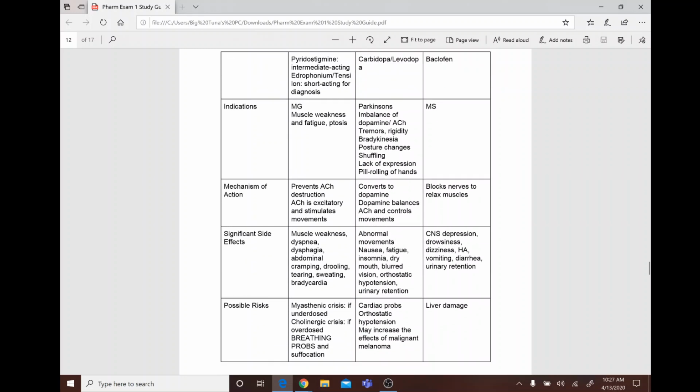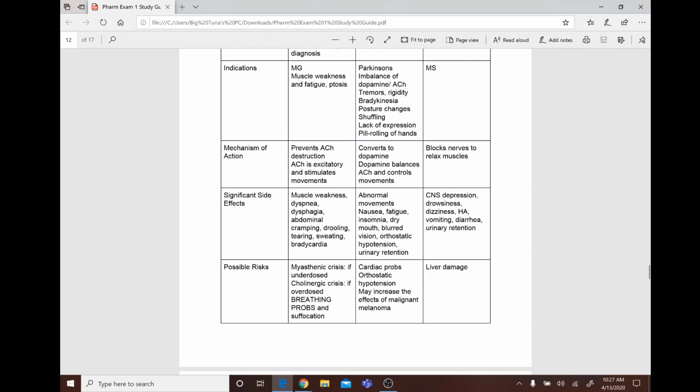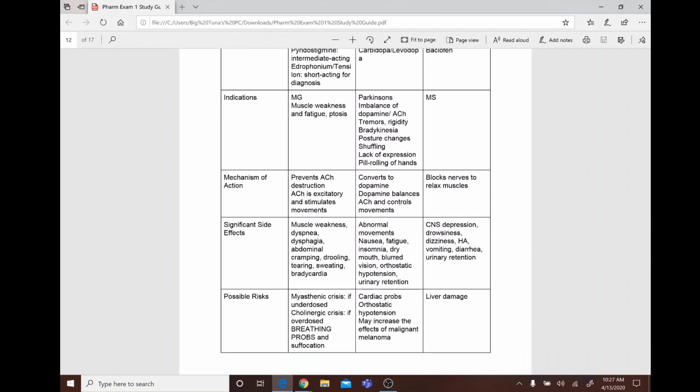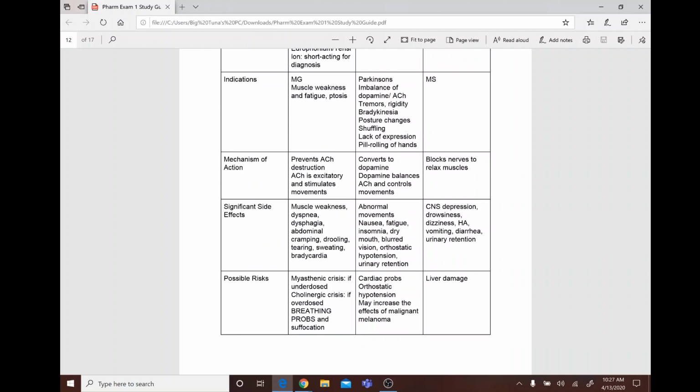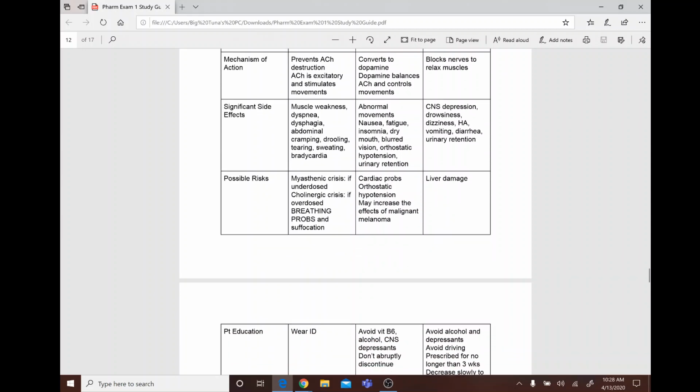What is pyridostigmine's mechanism of action? Prevents ACH destruction. What are the side effects of pyridostigmine? Muscle weakness, dyspnea, dysphagia, abdominal cramping, drooling, tearing, sweating, and bradycardia.